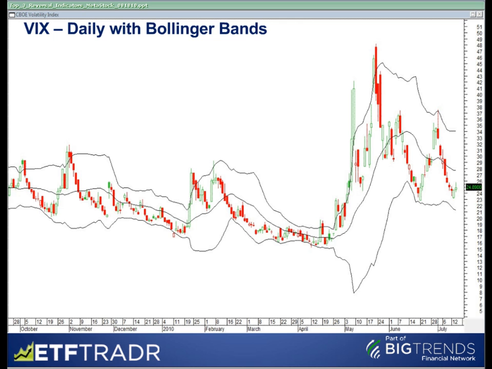Here's a VIX chart daily with Bollinger Bands. Now, what type of Bollinger Bands are we going to be looking at? They're key, so I'll write this down for everybody. We're going to be using Bollinger Bands 20-day, 2 standard deviation Bollinger Bands.